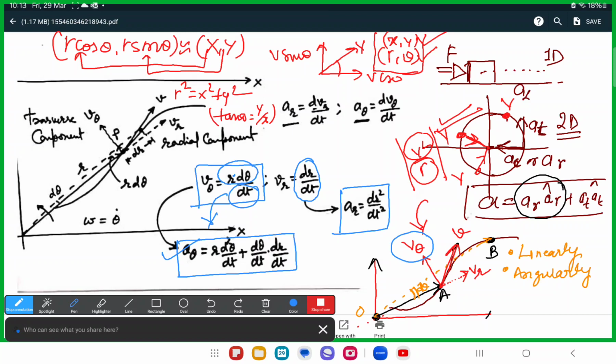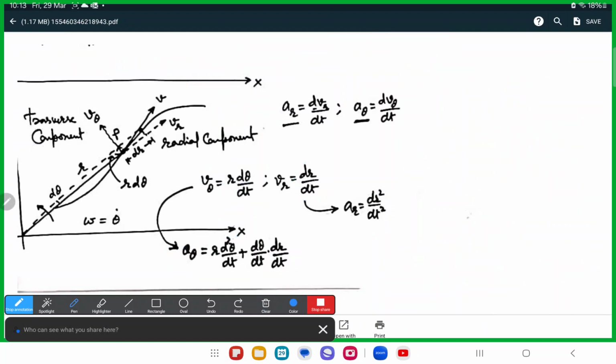So I thought this discussion, let me sum up quickly. Now one more thing I would like to draw your attention to. This is a velocity vector, and this is the acceleration vector.